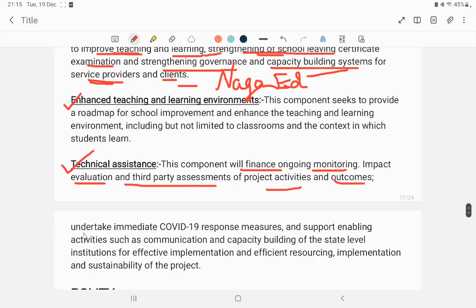It also undertakes immediate COVID-19 response measures and enabling activities such as communication and capacity building at the state level institutions for effective implementation, resource efficient implementation and sustainability of the project. So this is the NECTAR project of Nagaland.